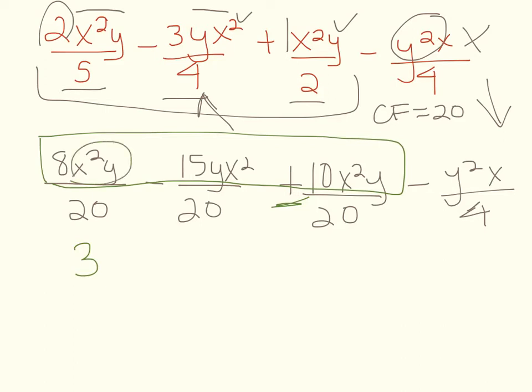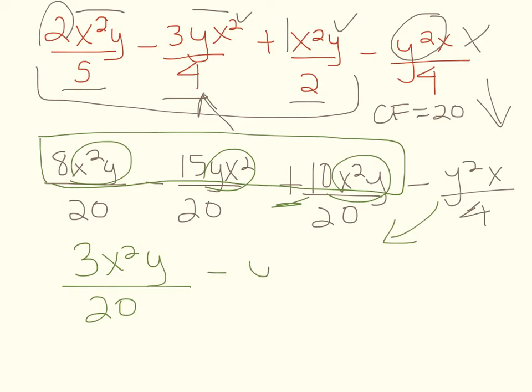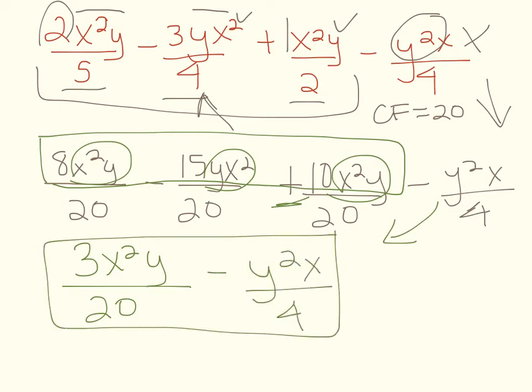Because all of the variables are the same, in each of these three terms we have an x squared y, that's why we're able to combine them and keep those letters the same. Everything still has the same denominator because it's just a question of adding and subtracting fractions. Then we'll just bring down that last term, minus y squared x over 4.